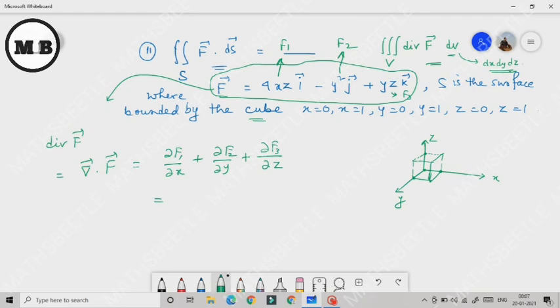So you have 4z minus 2y plus y, that is 4z minus y. Plug this value of the divergence, 4z minus y, into this formula, so you have 4z minus y dx dy dz.